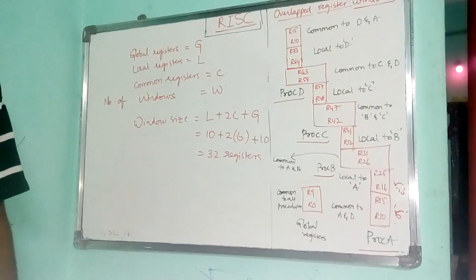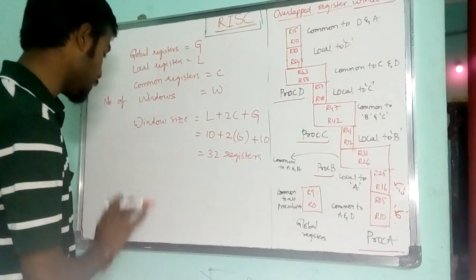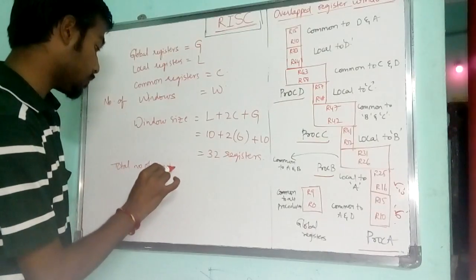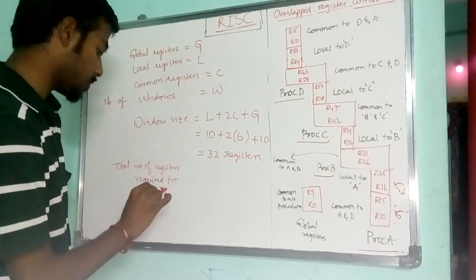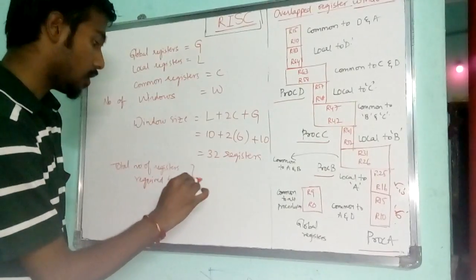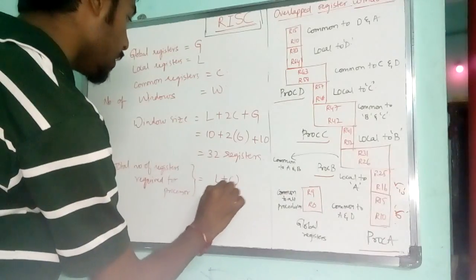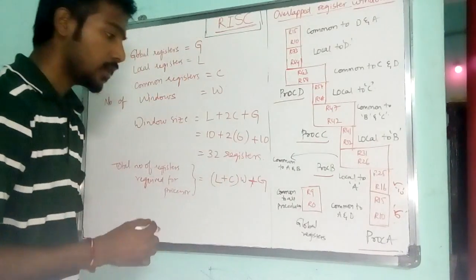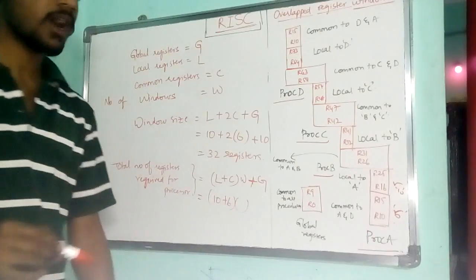Similarly, if I want to know how many registers are required in total for the processor, the total number of registers required is given by L plus C into W plus G. Now if we calculate, this will be 10 plus 6, into the number of windows.